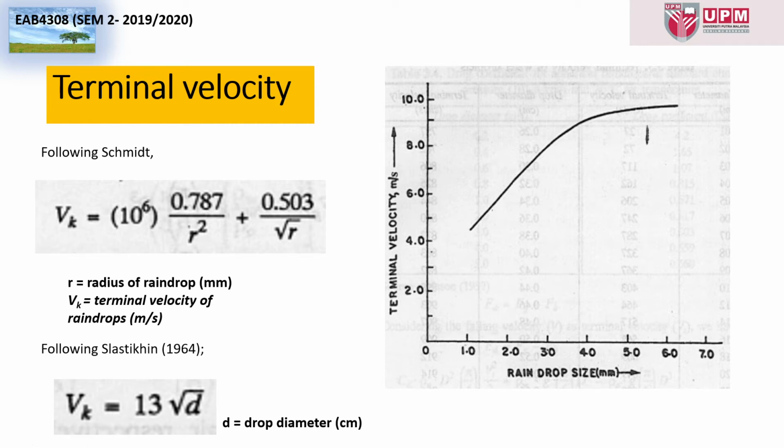There is also a relationship between terminal velocity and raindrop size. As the raindrop size goes higher, the terminal velocity also goes higher. For example, if you have a raindrop with 5 millimeter size, the impact velocity will be about 9 meter per second.